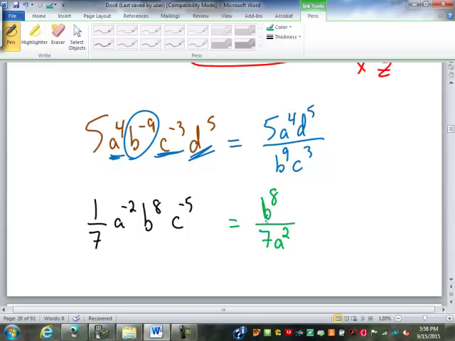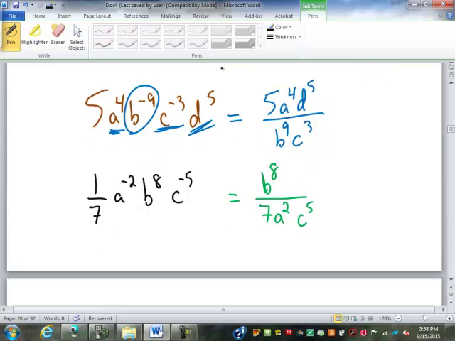I don't need the 1 there. 1 b to the 8th and b to the 8th are the same, just like 1 inch and an inch are the same thing. If I had the 1 in front, it wouldn't be wrong. It's just not necessary. And then the c goes where? Bottom, c to the 5th. Questions? Okay.